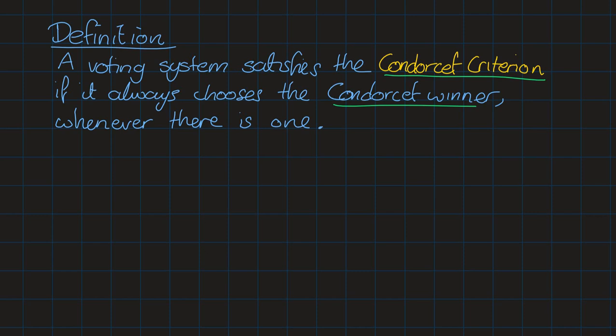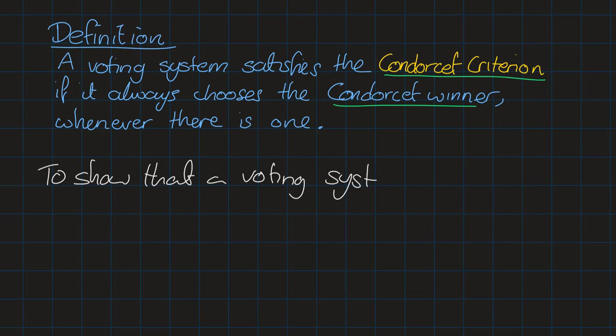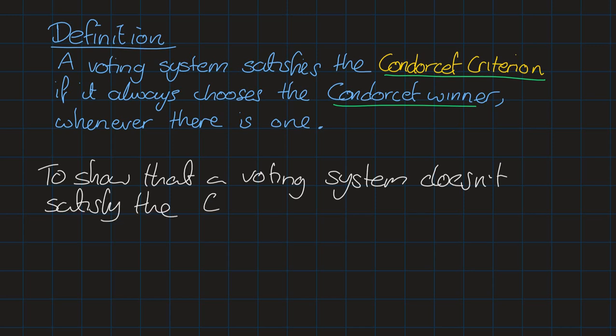Okay, so let's examine this in more detail. The first thing I want to mention is not every voting system satisfies the Condorcet criterion. Some of them do and some of them don't. If you think about it, how would you show that a voting system does not satisfy the Condorcet criterion?